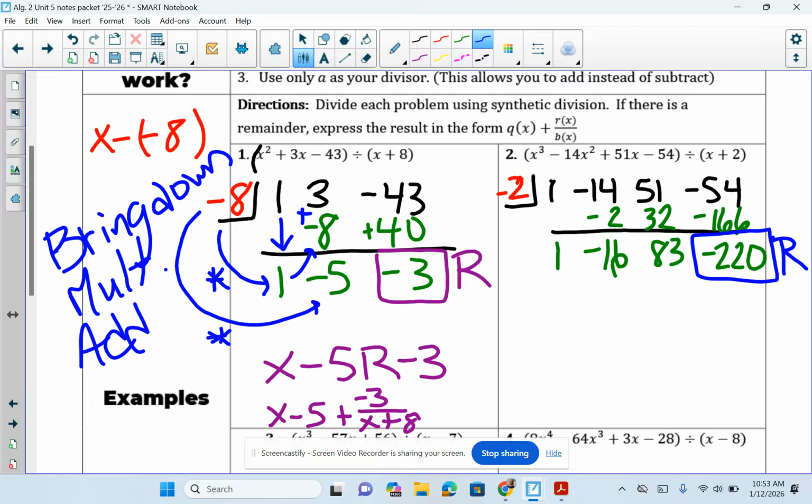So 1x squared, or just x squared, minus 16x plus 83, and then I'm going to write it how Delta Math wants it.